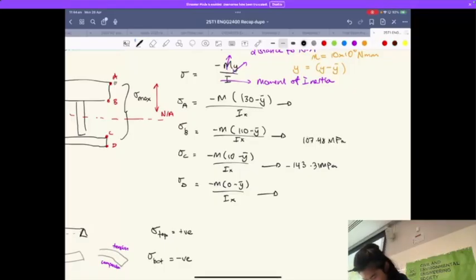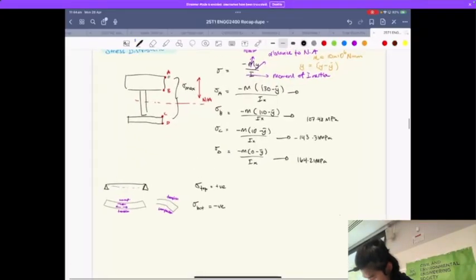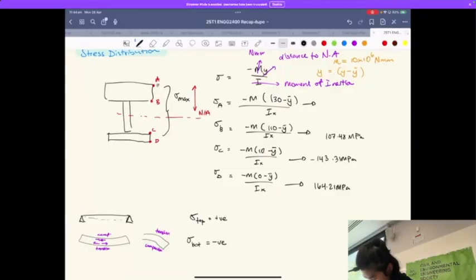Wait, if it's full distance, how is D zero? Sorry? If it's full distance, how is D zero? What do you mean? Well, because I thought you're doing from the NA, so point D would definitely not be zero. I think I'm confusing myself.